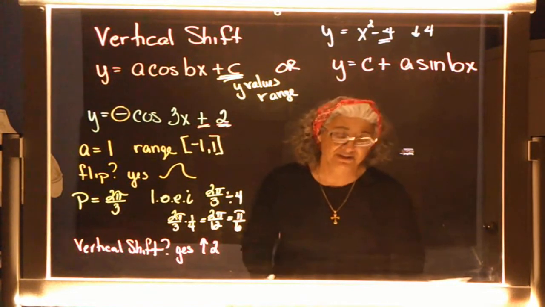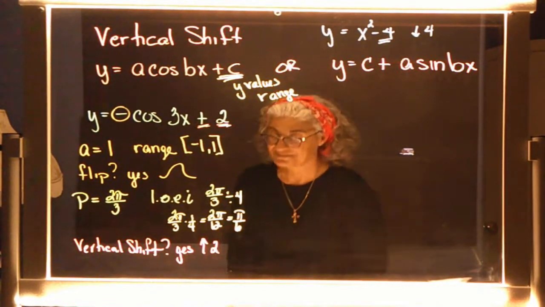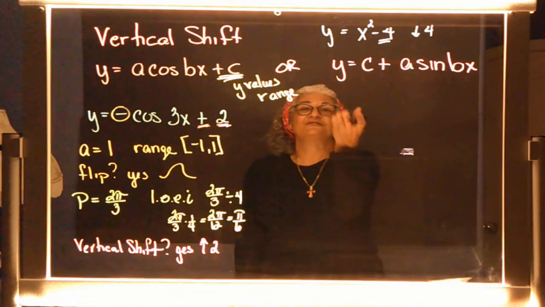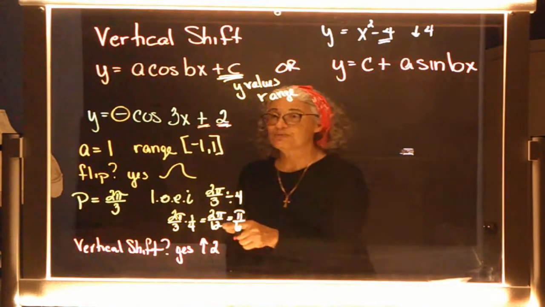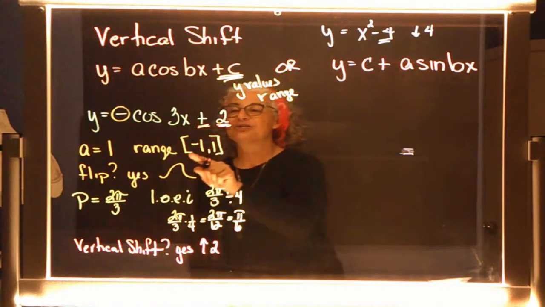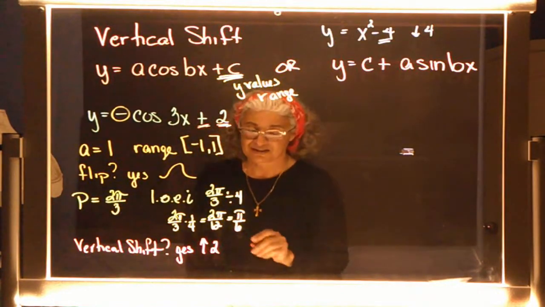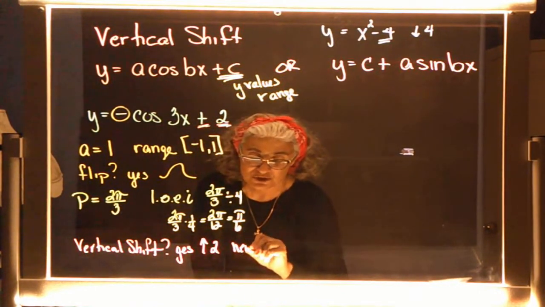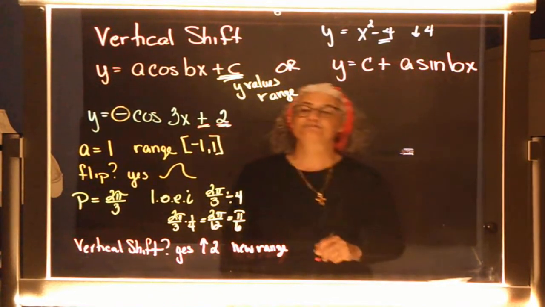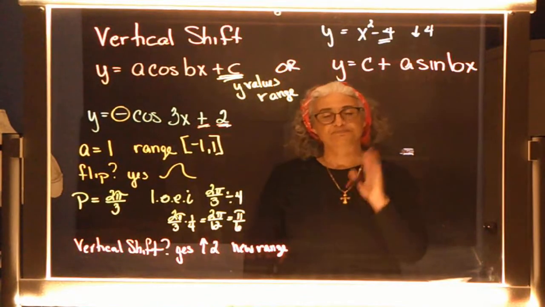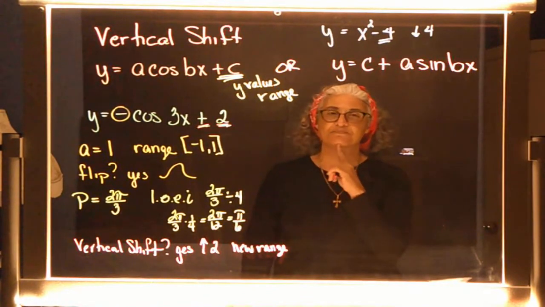So help me out. Since this whole graph is shifting up 2 spaces, the y's are being affected, which means your range is being affected. So I have a new range to identify. How do you get it? Let's think about it.